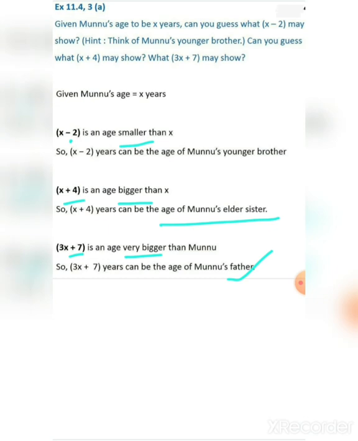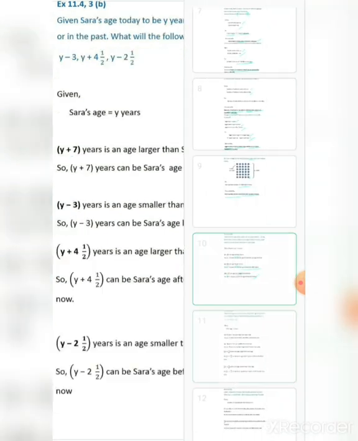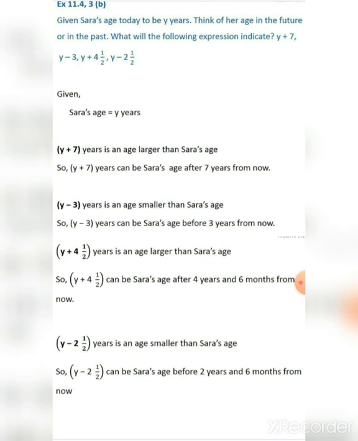Now the next part of the question. It is given Sarah's age today is Y years. So Sarah's age is Y years. Think of her age in the future or in the past. What will the following expressions indicate? Y plus 7.